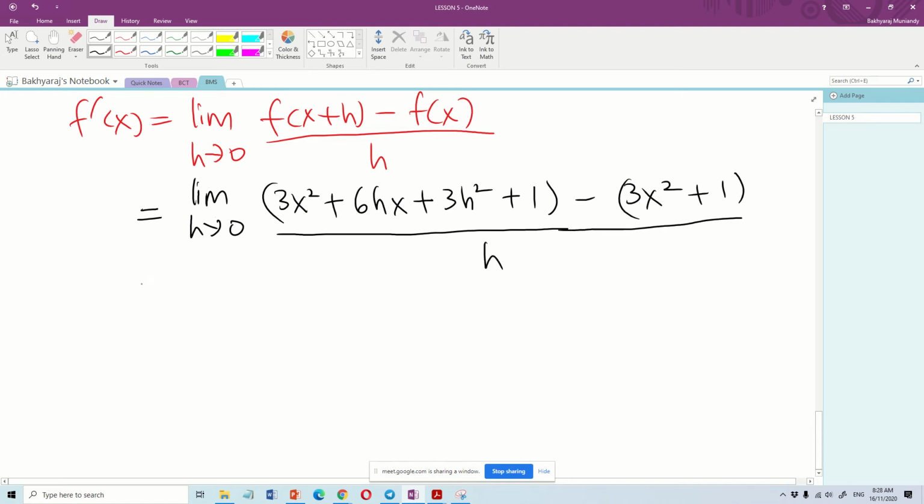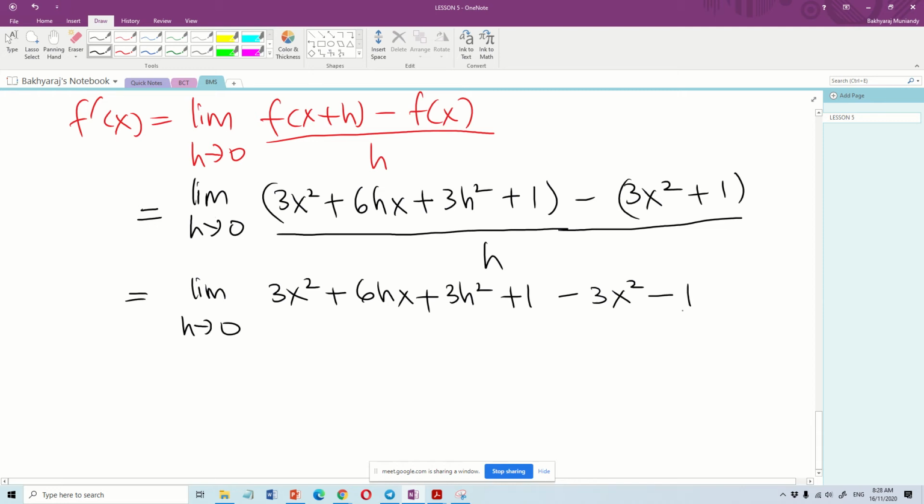Next will be, give you limit h approaches 0, 3x square plus 6hx plus 3h square plus 1 minus what? Minus 3x square, not minus 1. Yeah, correct.